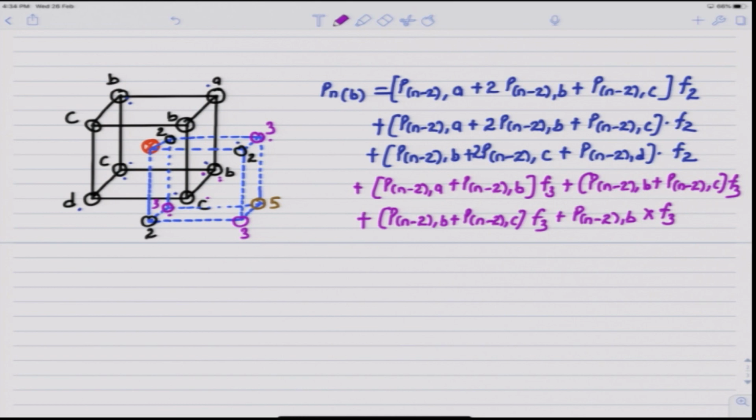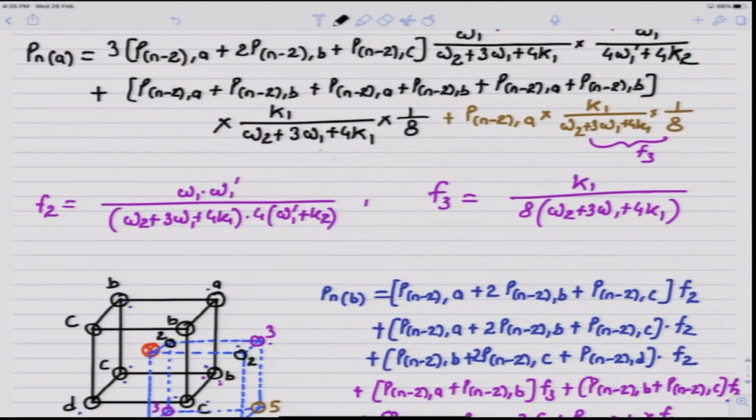So, if we write P n of A and P n of B here again, P n of A we can write as 3 times P n minus 2 of A plus 6 P n minus 2 of B plus 3 P n minus 2 of C times F2 plus 1, 2, 3 and 4 times P n minus 2 of A times F3. For B, 1, 2, 3, 3 times P n minus 2 of B times F3. Okay.